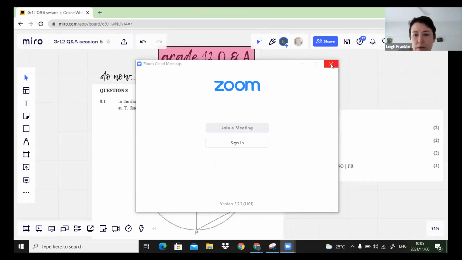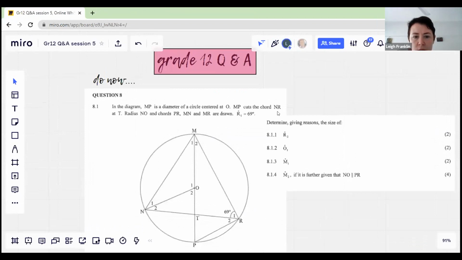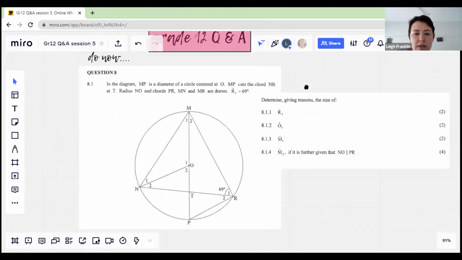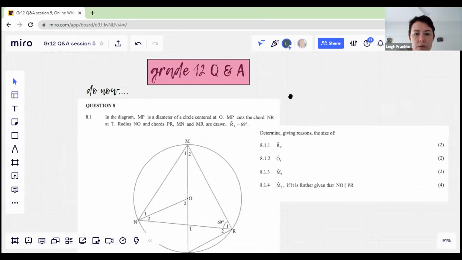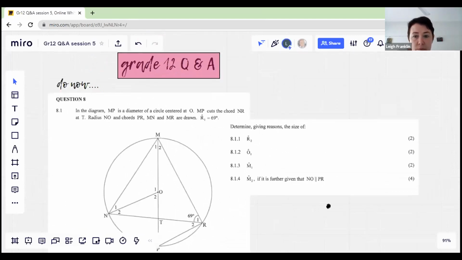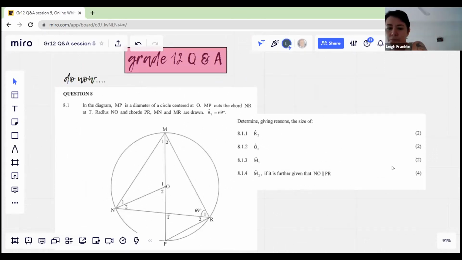Why is it not letting me do this? For some reason, it doesn't want to let me share my screen. I don't know what I'm doing wrong. Well, we can see your screen now. It's just your Zoom is in the way. How's that? Can you see the screen? Yes, you just need to close the Zoom. There we go, perfect. Is that fine? All sorted?